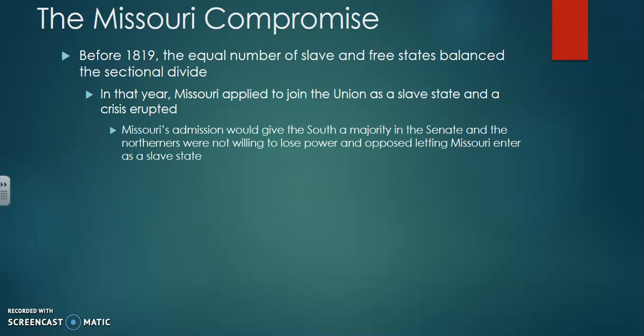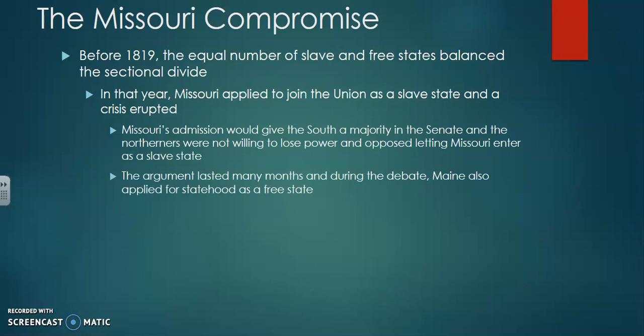This crisis will start because Missouri's admission would give the South a majority in the Senate, and the Northerners were not willing to lose power and opposed letting Missouri enter as a slave state. In other words, because Missouri would have entered as a slave state, the slave states would have had more power in the Senate than the free states would, and the North just didn't want to lose that battle.